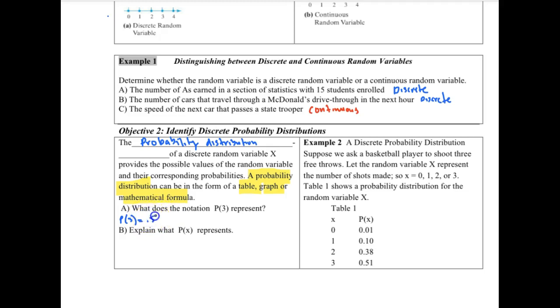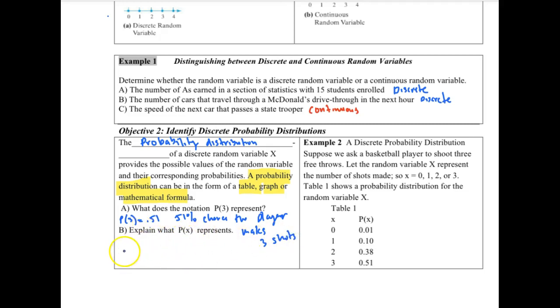It's 0.51, which means there's a 51% chance the player makes 3 shots.